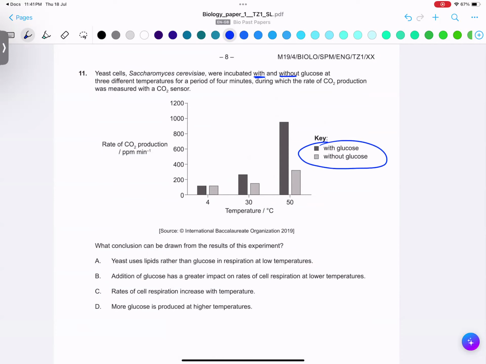What conclusion can be drawn from the results of the experiment? So, yeast uses lipids rather than glucose in respiration at low temperature. Not necessarily, no. I'm going to read the question again just to really focus on what they want.